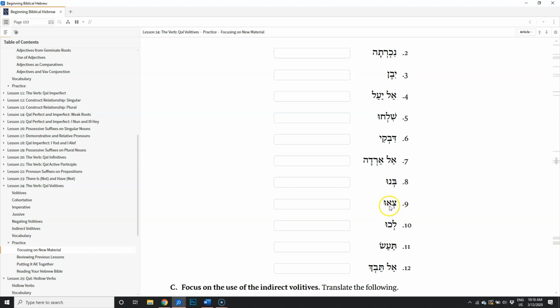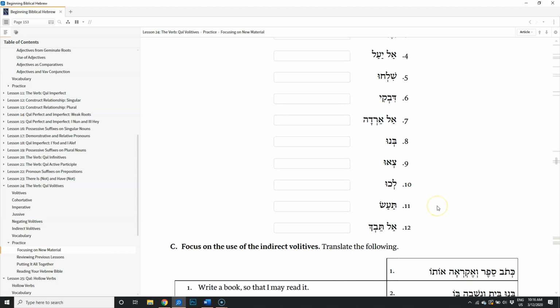In 2MS, it would be Tetse. And in 2MP, it would be Tetse'u, I guess. But because we have lost the prefix, that means that it is now imperative rather than imperfect.